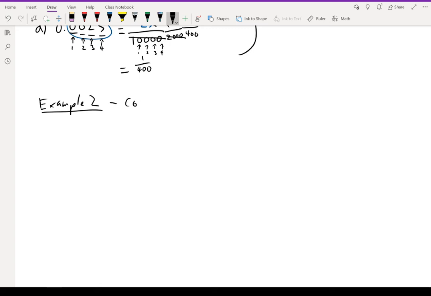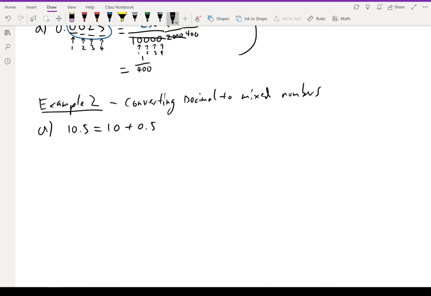So, example 2. This will be converting decimals to mixed numbers. Now let's look at it this way. For question A, we have 10.5. Now 10.5, I can actually write as 10 plus 0.5.